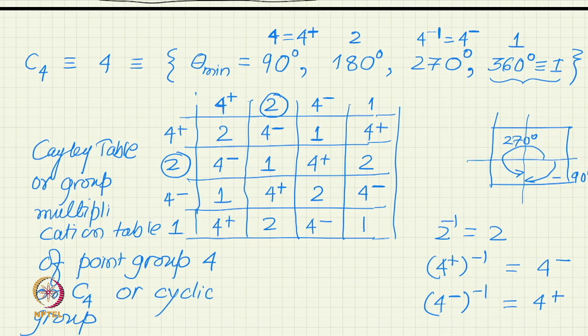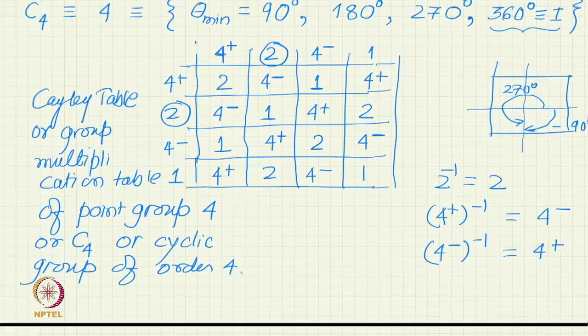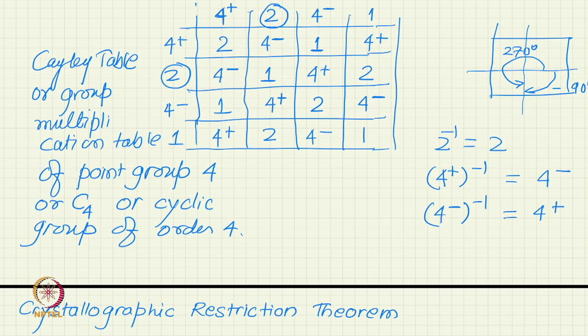Why it is called a cyclic group is that in this group I have an element in terms of which all other elements can be expressed as powers of that element.